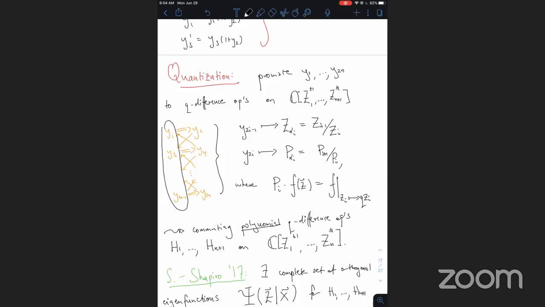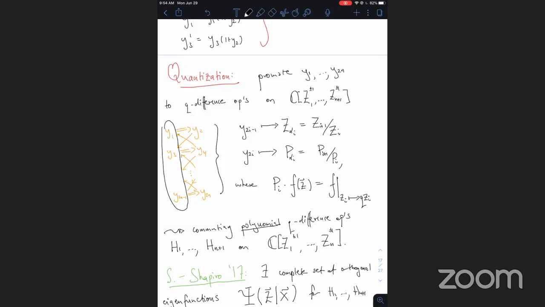In this way, our commutative Toda Hamiltonians are promoted to a set of commuting polynomial q-difference operators, h_1 up to h_{n+1}, on the ring of Laurent polynomials in z_1 up to z_n. The point I'd like to emphasize is that these Hamiltonians are really polynomial q-difference operators.